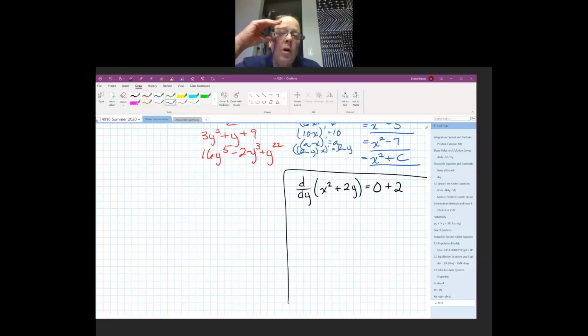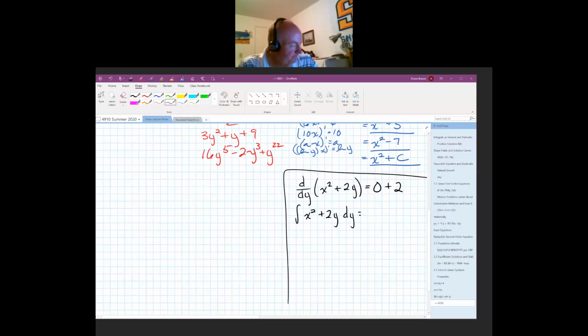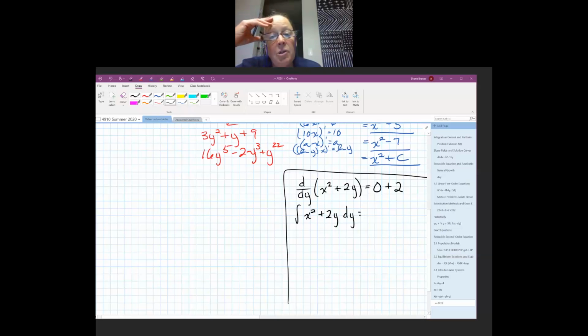Okay. So how about the integral of x squared plus 2y with respect to y? The integral of x squared plus 2y dy. What do you think? Well, I absolutely know that the second term is going to be y squared.